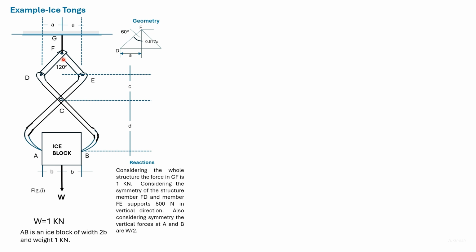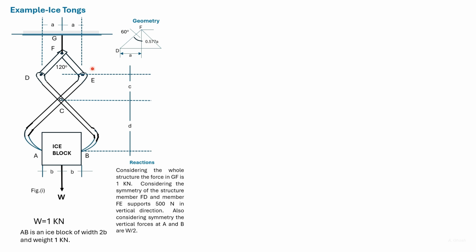The horizontal distance between F and D is A, and also the horizontal distance between F and E is A. The vertical distance between E and C is small c. Also, the vertical distance between C and A or P is small d. The width of the ice block is taken as 2p.